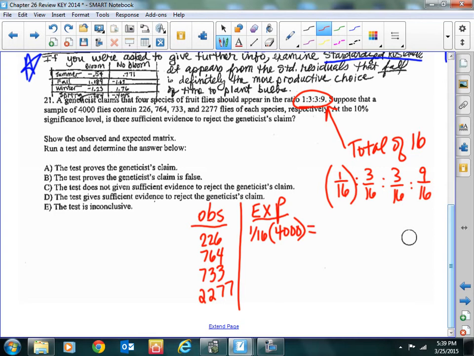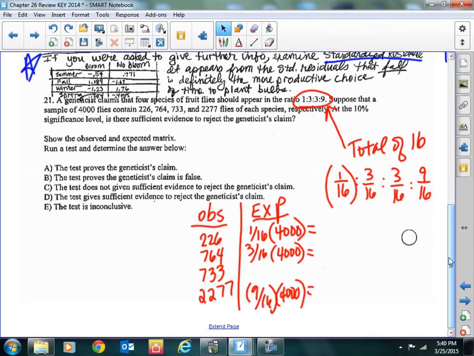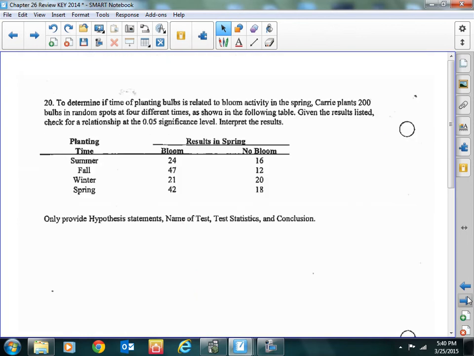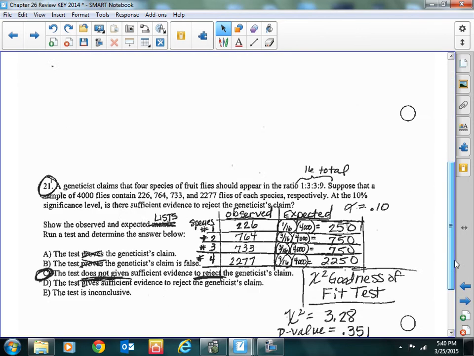That's how I'm getting that expected. The next one is 3/16 of the 4,000, and so on, 3/16 of the 4,000, and then this one is 9/16 of the 4,000. All right, so that's how I'm getting those values. And I believe that I have it written here.